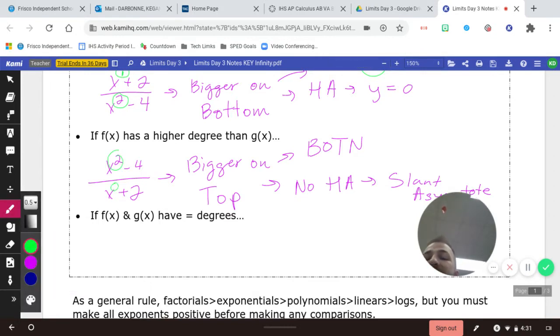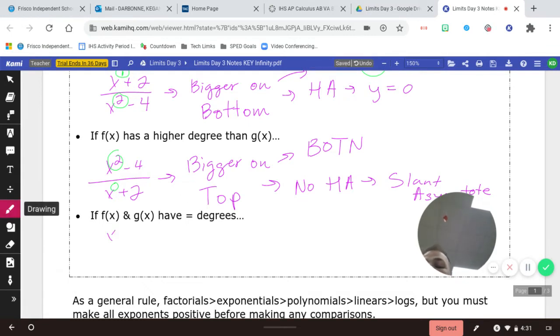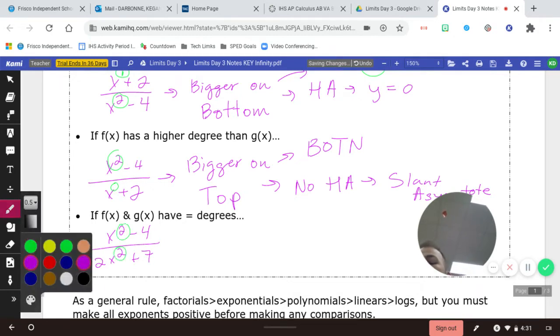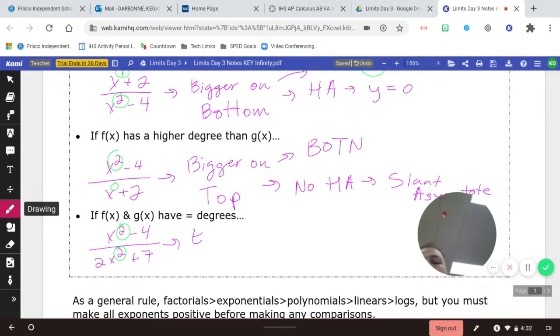So just something to note as we go through these notes today. Now our last one is if f of x and g of x have the same degree. Let's say we have x squared minus 4 on top and 2x squared plus 7 on the bottom. Both of these have the same degree, so we say exponents are the same, which we can abbreviate as EATS.